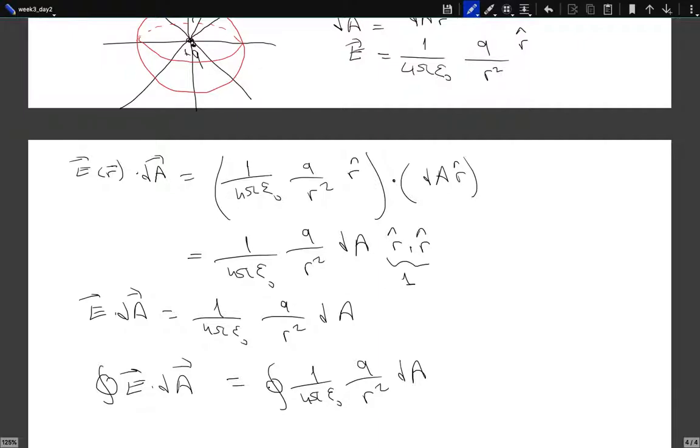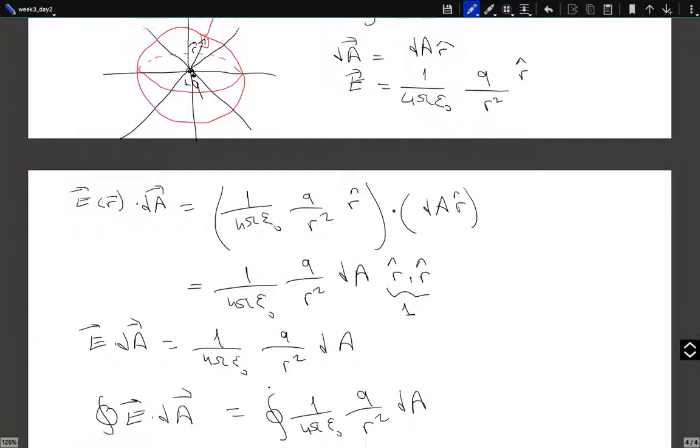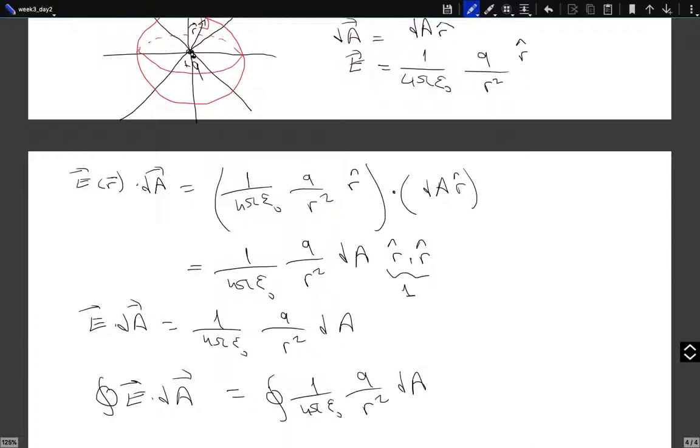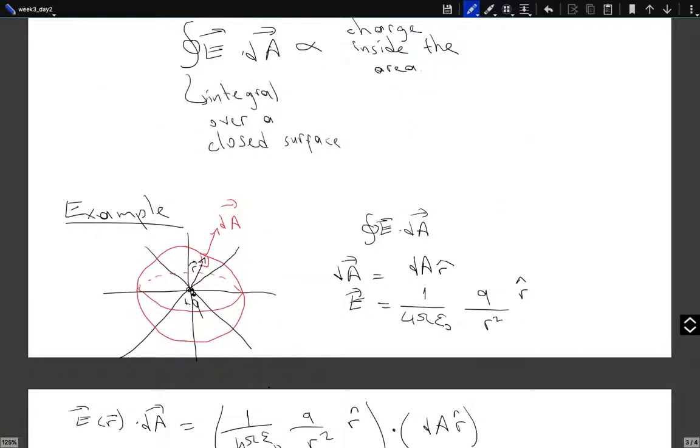Q, as I go from one patch to the other patch, does Q change? It doesn't change. Yes or no? What is R? R is the distance of this patch from my charge.